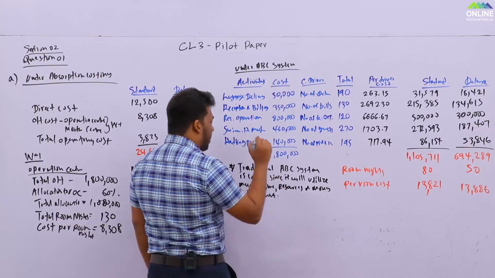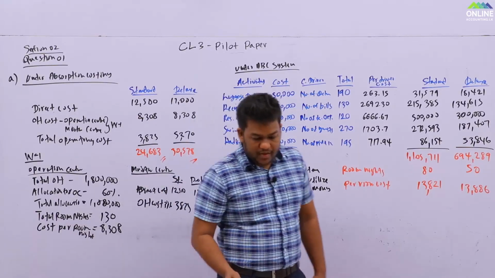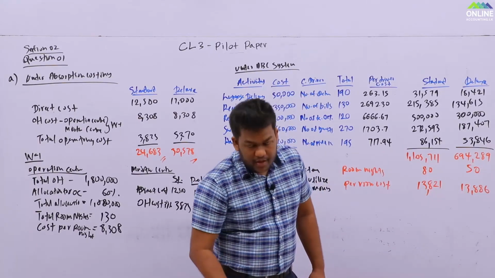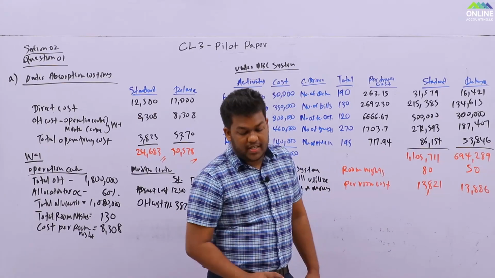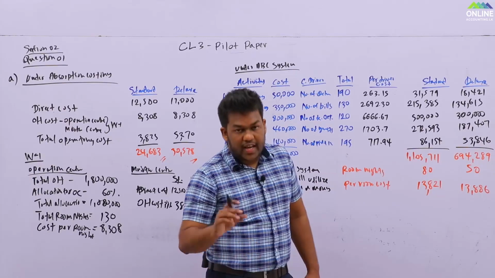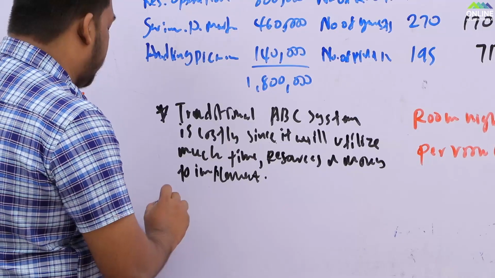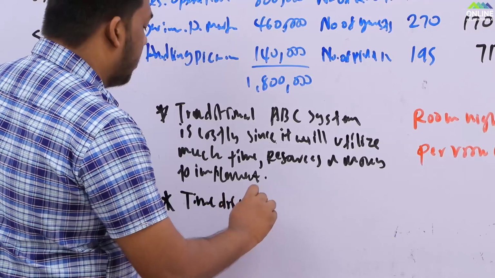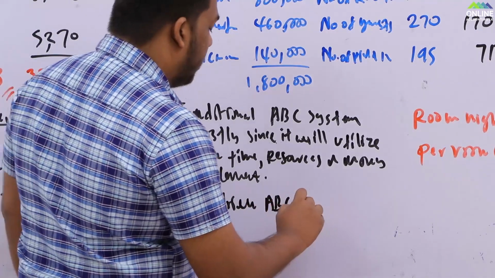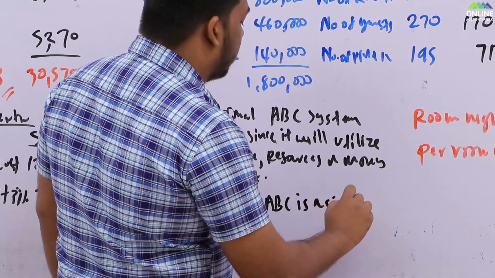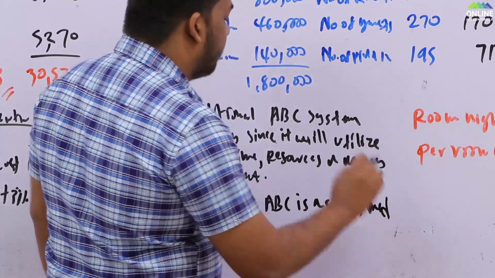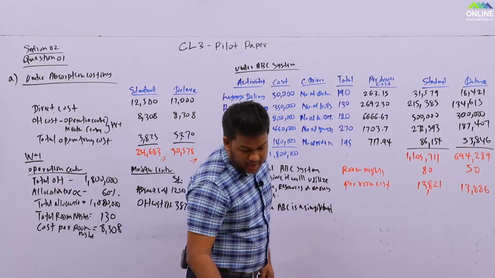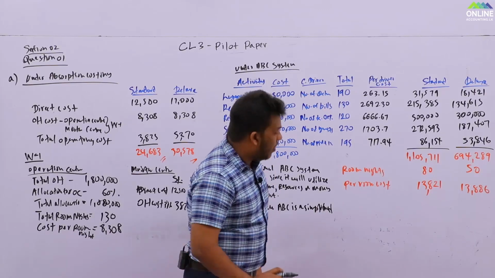So you have to tell some weaknesses, right? Then what is time-driven ABC? Time-driven ABC is a simplified version. Simplified means what?